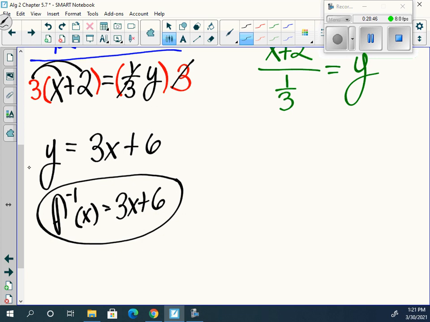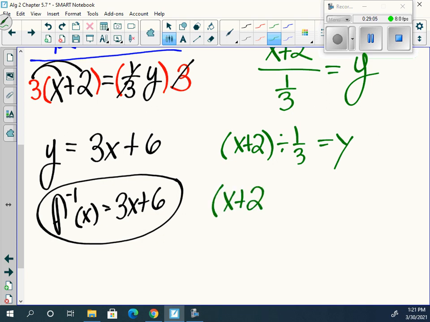Now I'm going to still show you this over here. Because when we divide both sides by 1/3, really we're saying x plus 2 divided by 1/3, yes? Well, for me to do the division, I change it from a division to multiplication, and multiply it by 3, which would give us 3x plus 6.